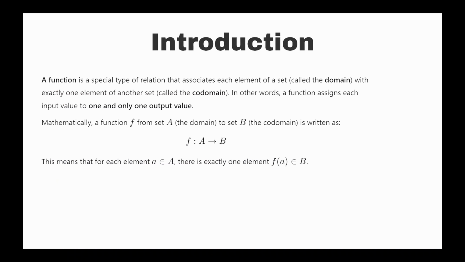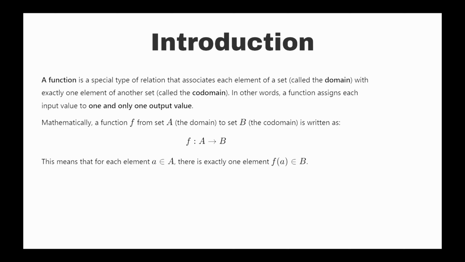What is a function? A function is basically a special type of relation. Again, a function is a relation that associates each element of a set with exactly one element of another set. That means each element of my set A should be mapped with one element of another set.